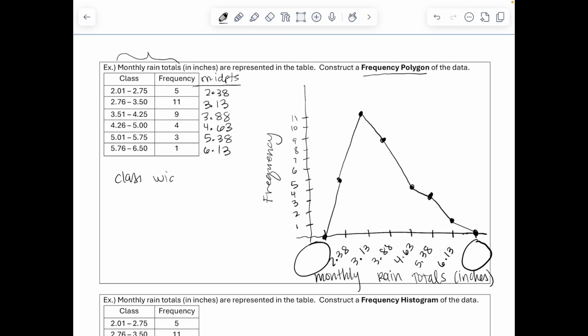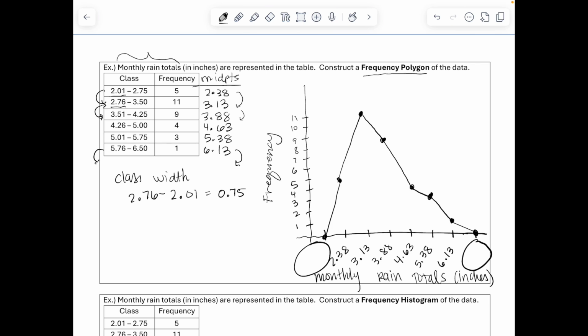And the class width is where you would subtract a lower class limit minus the previous consecutive class limit. And so we have 2.76 minus 2.01, and we get 0.75. And so in order to calculate these, remember we are using the midpoints, and since we are going with a class width of 0.75, that is how you go between each of these numbers on our midpoints. So be adding 0.75 to each of these to get the next one.